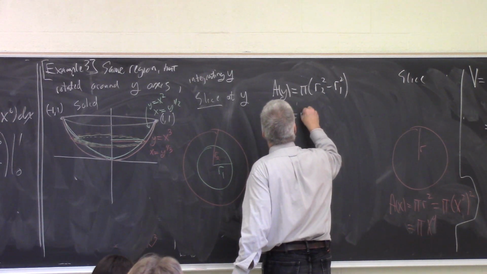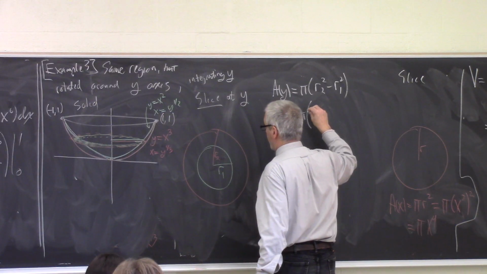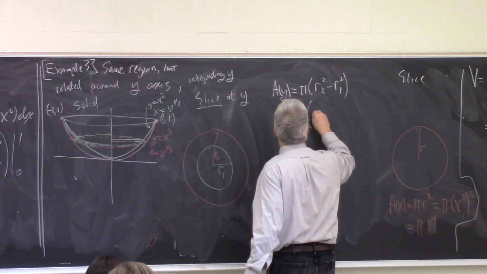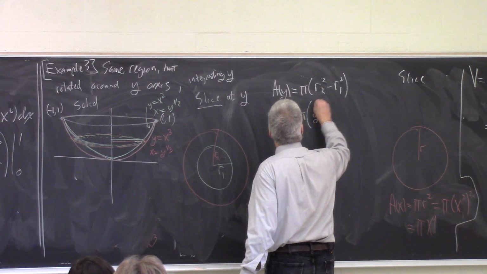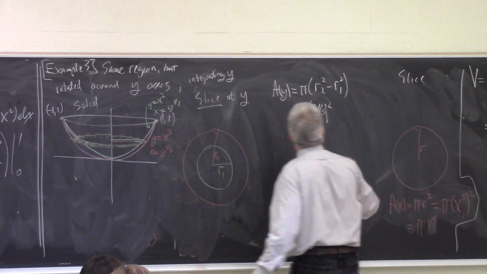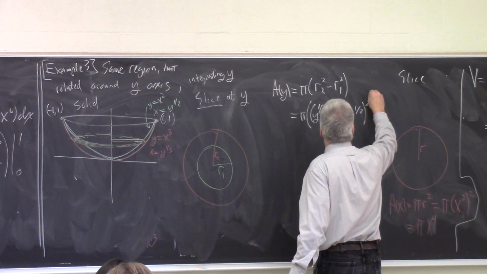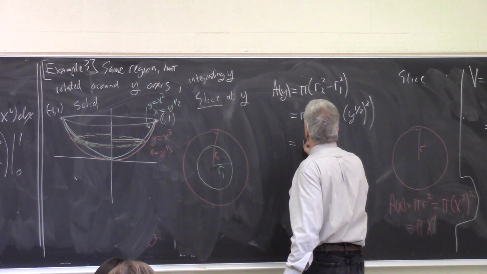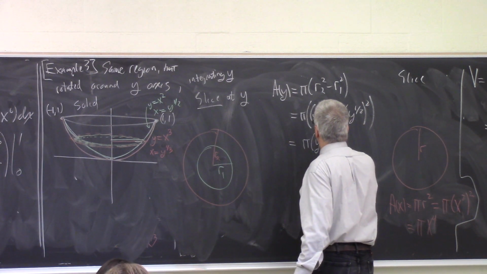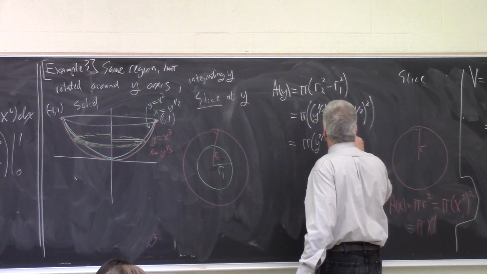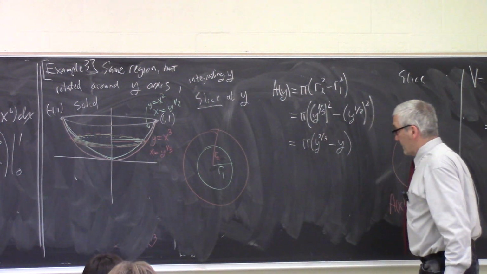So that's going to be pi times r2, which is y to the 1/3, squared, and then r1 is y to the 1/2, squared. So this is going to be pi times y to the 2/3 minus y. So that's the area of a slice.